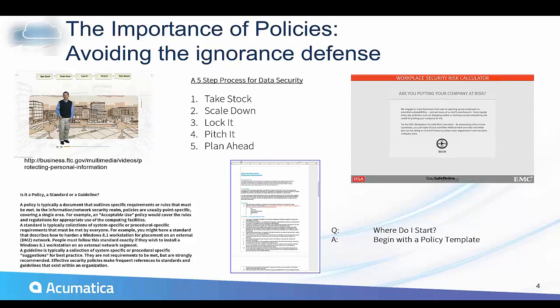And the idea behind the standard is people must follow it if they wish to do that, if they wish to install that Windows 8.1 workstation on an external network segment. So again, standards are things that must be followed. All right? There is no exception. There is no option. If you're going to do this, you must follow the standard. Now, just in case you're thinking, well, what do you mean by hardening a Windows 8.1 workstation?